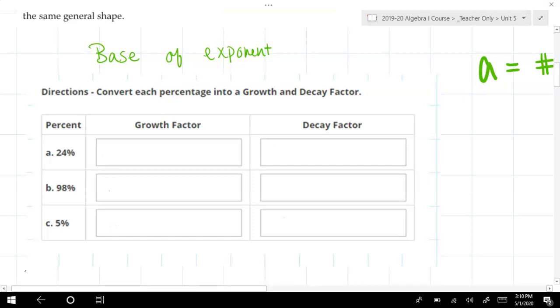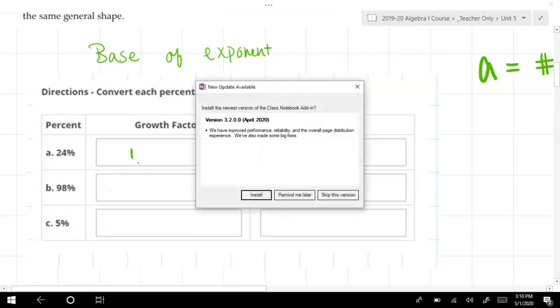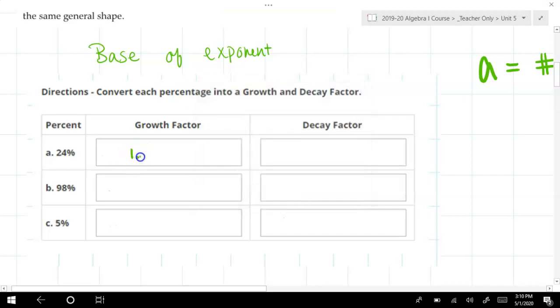So the growth factor is 124%. For the decay factor, if we're going to decline by 24%, 100 minus 24 is 76.